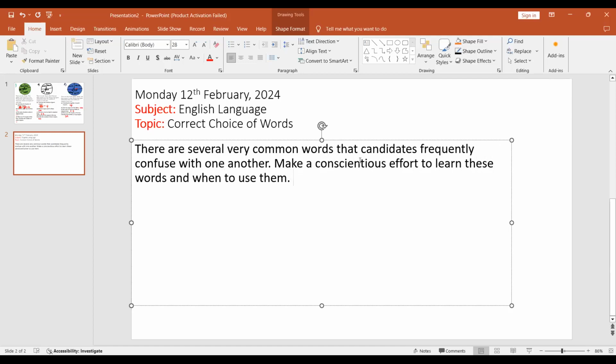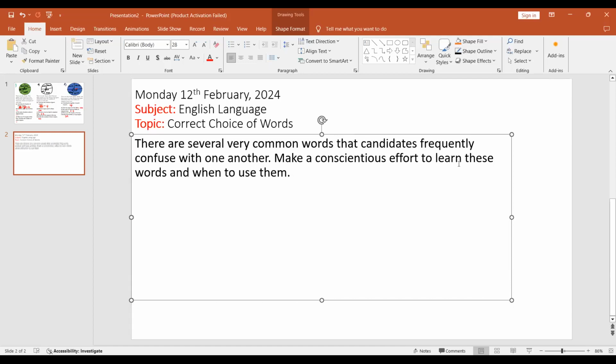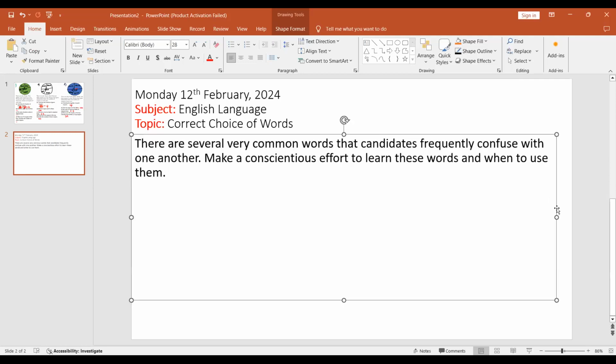So what are some words that people commonly confuse? Can anyone give me an example? There. Your. What else? Where.